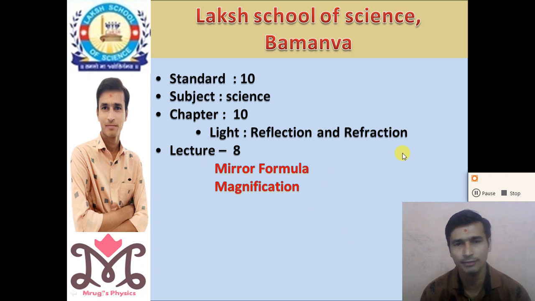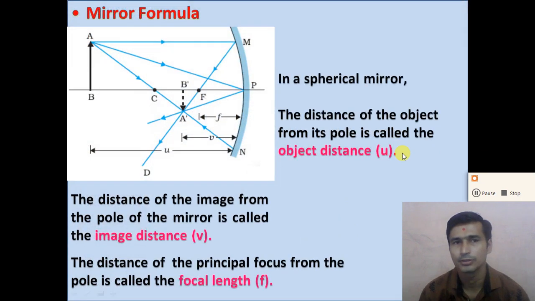So let's start. To understand the mirror formula, consider the ray diagram of a concave mirror. Here one concave mirror is placed, the pole of the concave mirror, the principal focus of the concave mirror, the center of curvature of the concave mirror. Same we can write in terms of the convex mirror also, right?